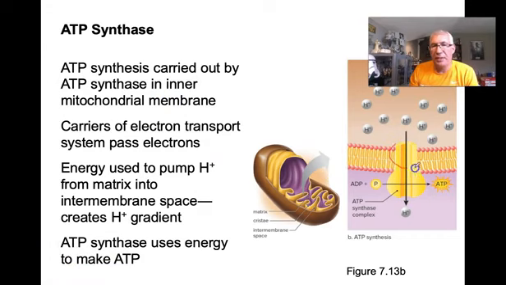ATP synthase is a protein, and it's in the membrane, and it kind of acts like a wheel or a pump. And it is used to pump hydrogen ions out through the gradient of the protein, and as this protein turns, it produces ATP or energy.